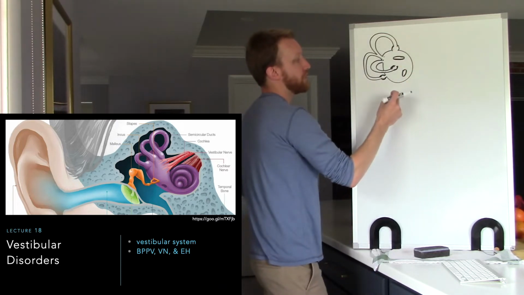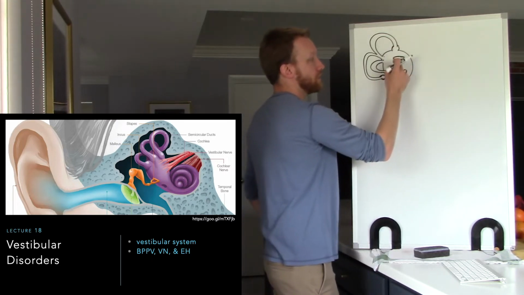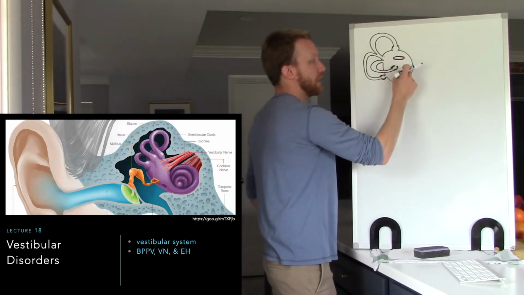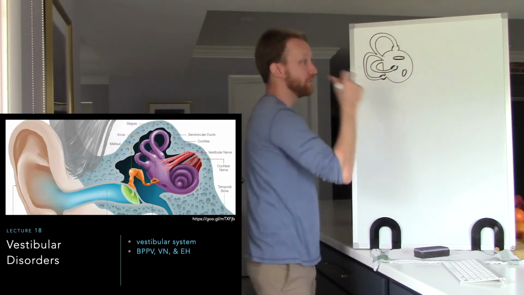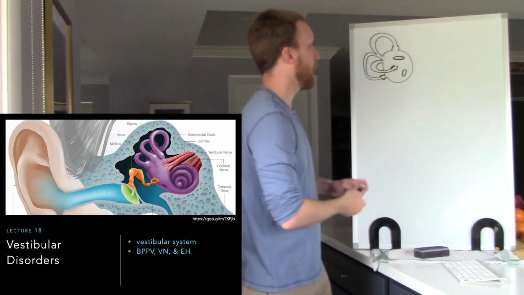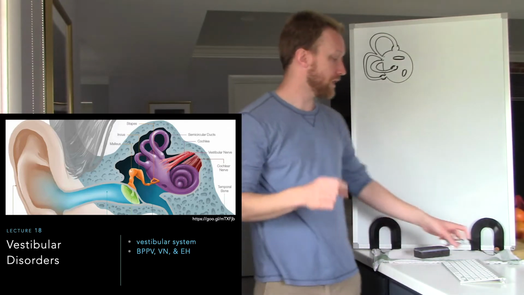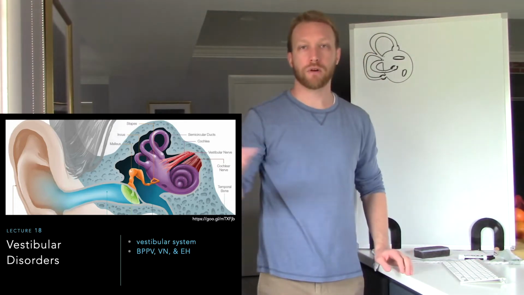So the special sensory organs are going to be the ampulla in the semicircular canals and the maculae here in the vestibule. I'm not going to draw the cochlea here because that has to do with hearing. We'll touch on that right at the very end, but I want to leave that out of it.